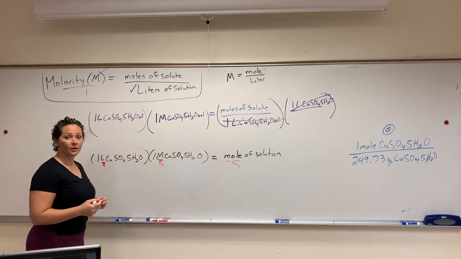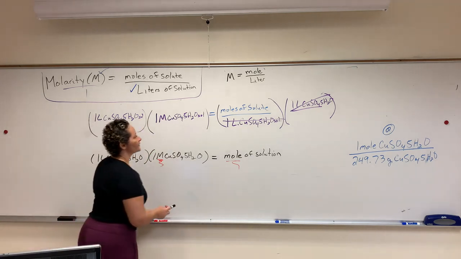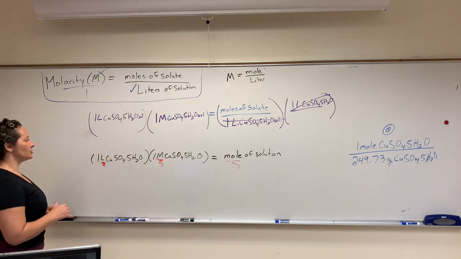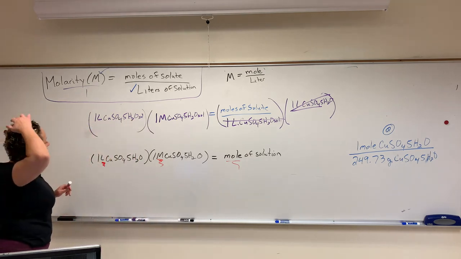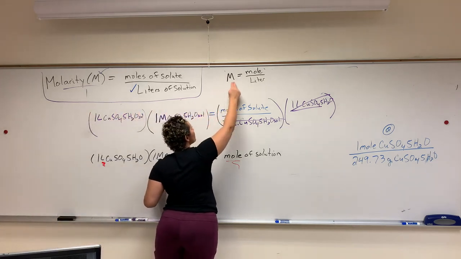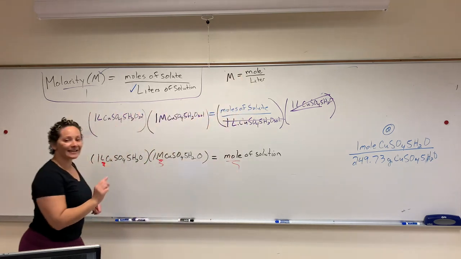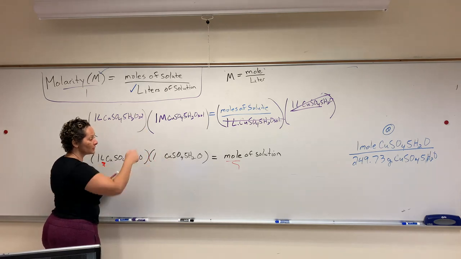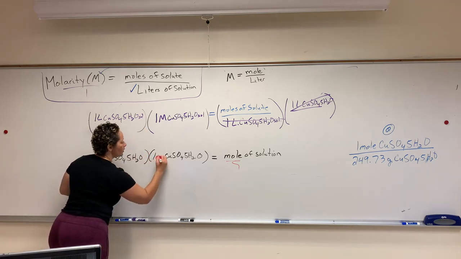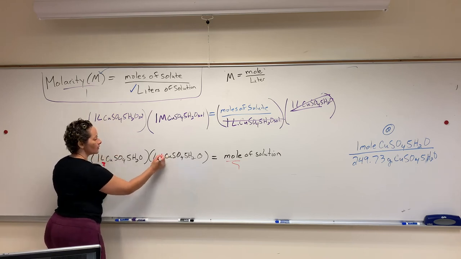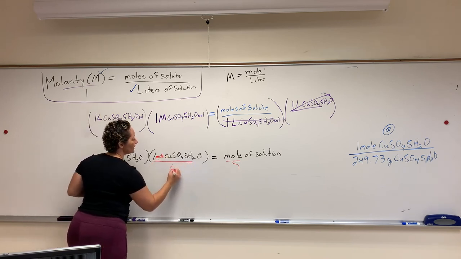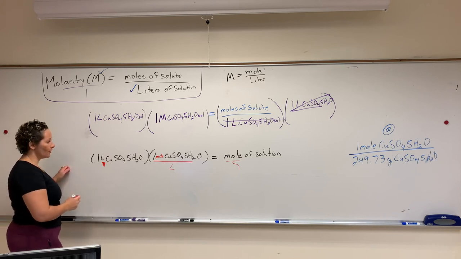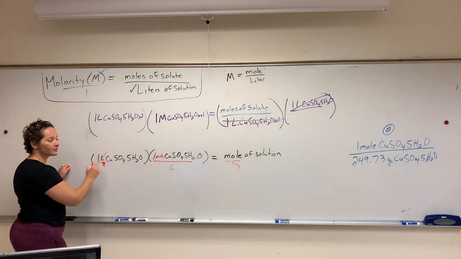Yes? Okay, now that I've shortened that up, I'm going to go ahead and do some inputting, okay? So we know molarity, big M, equals moles per liter. I can take out this big M and put in moles per liter. Okay? Now, I get to cancel liters.